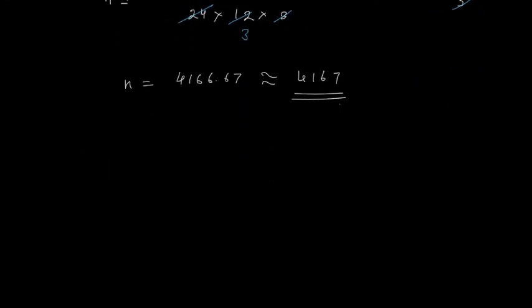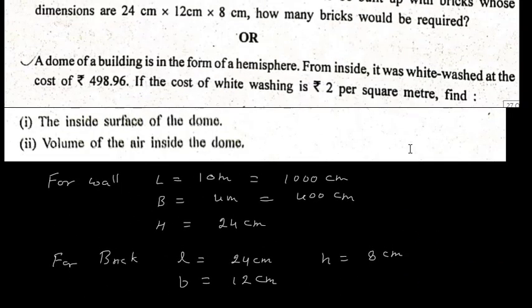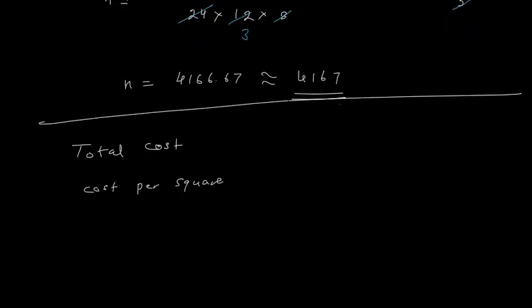So here we will write total cost and cost per square meter, just check, per square meter, 498.96, and this is per square meter, rupees 2.